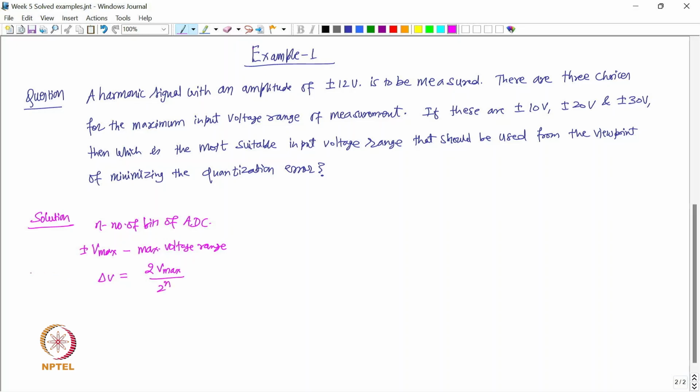This is the quantization interval. So, this we have studied in the lecture class.